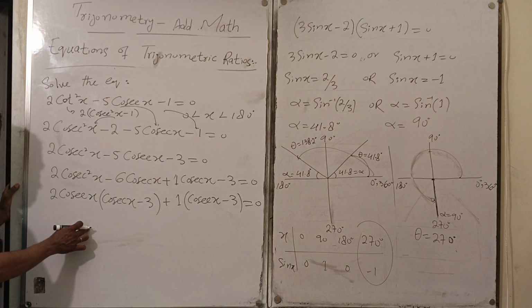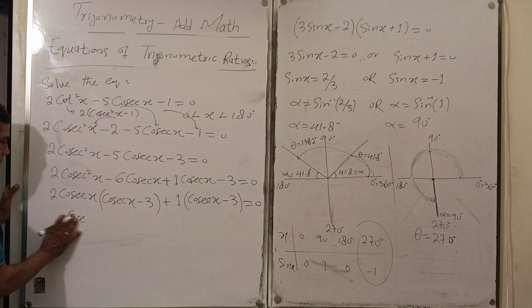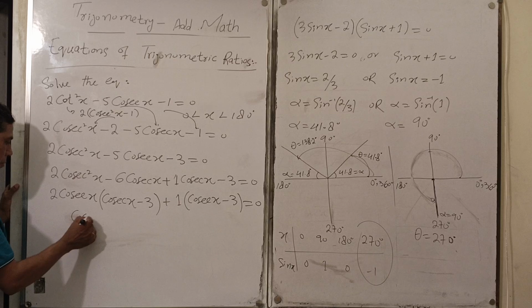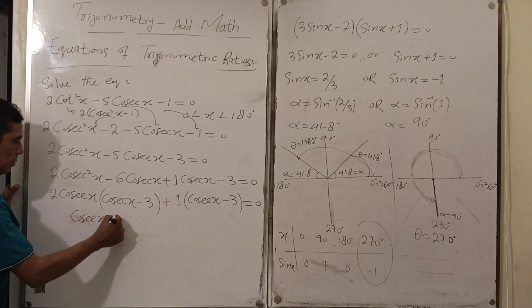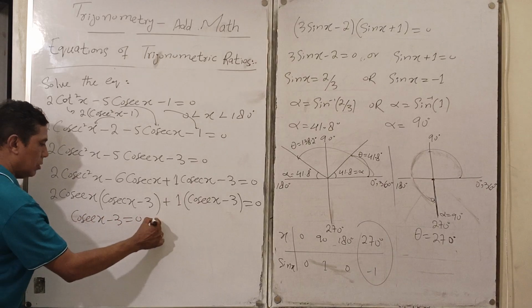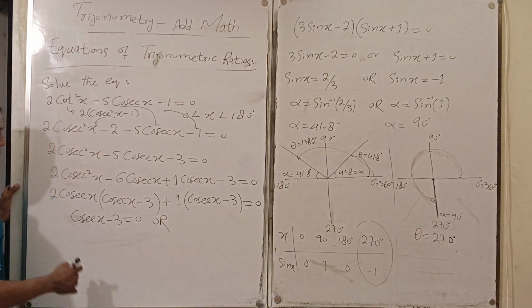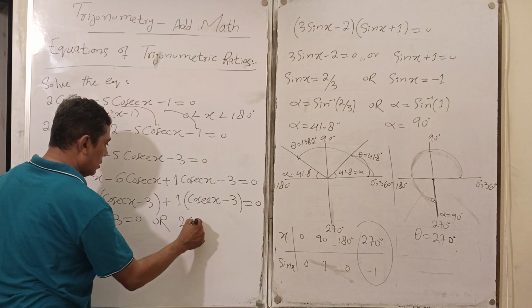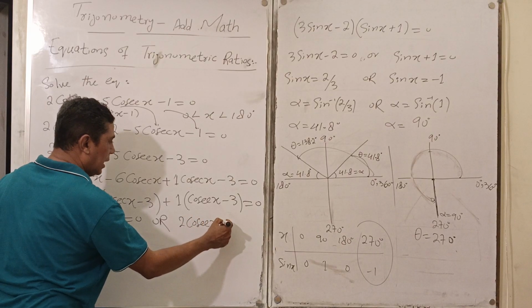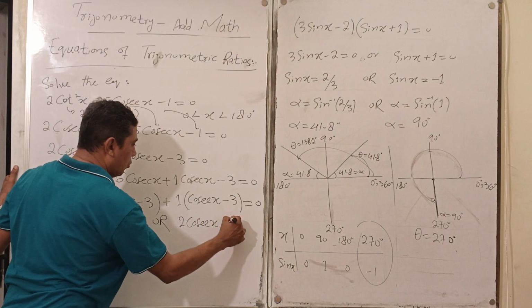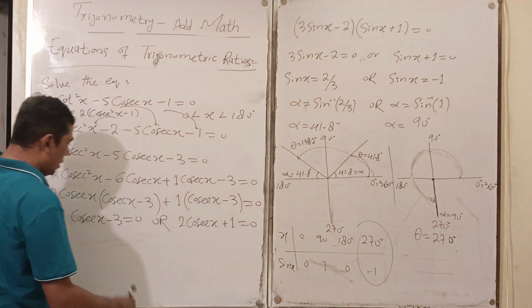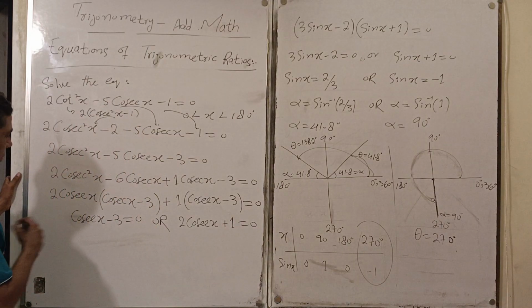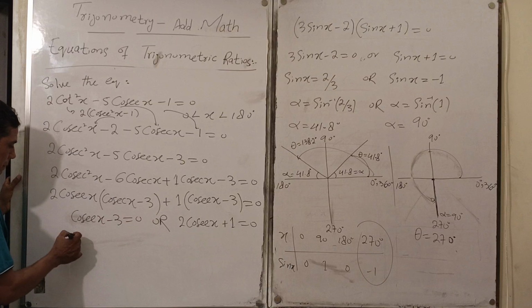This can be factored out, so directly I can write it: cosec x minus 3 equal to 0, or 2 cosec x plus 1 equal to 0.